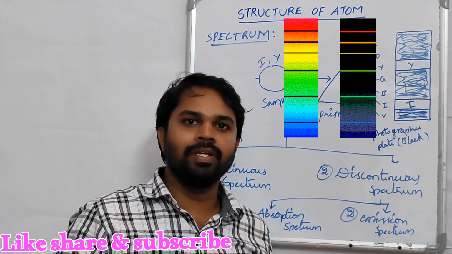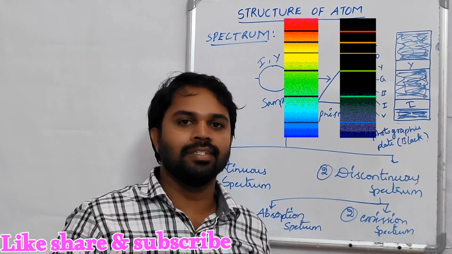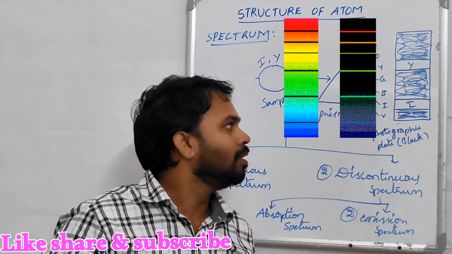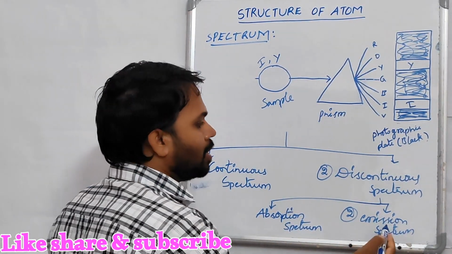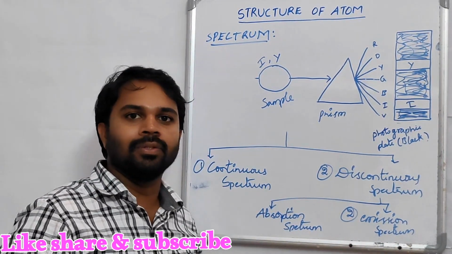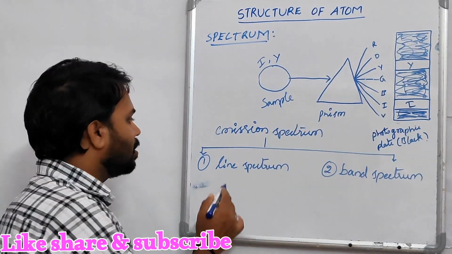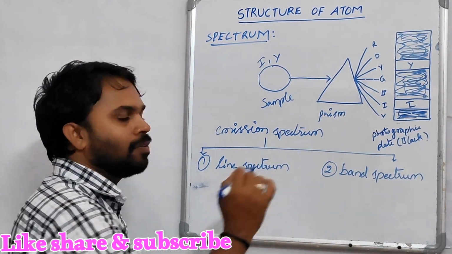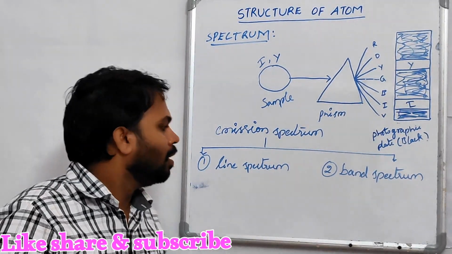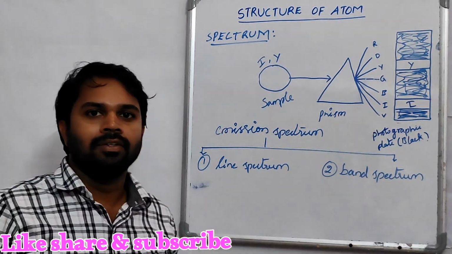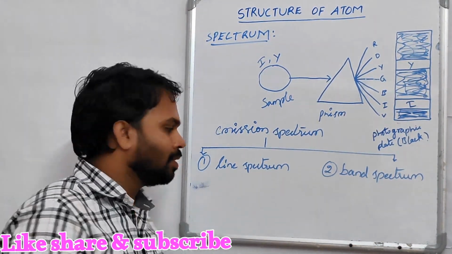The study of emission spectrum or absorption spectrum is called spectroscopy. Now, this emission spectrum is further classified into two types. One is line spectrum and the other one is band spectrum. Line spectrum has distinct, well-defined lines like this.